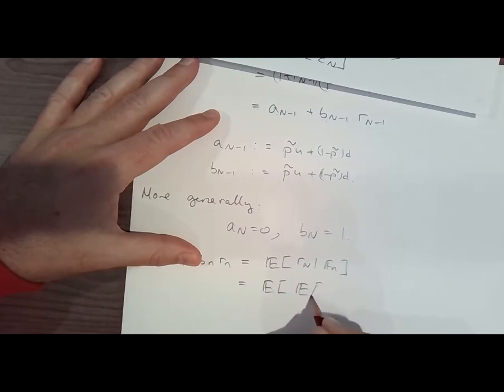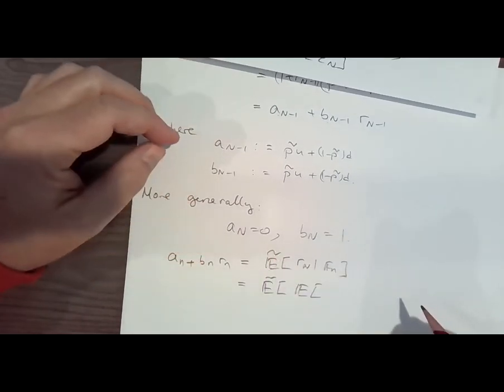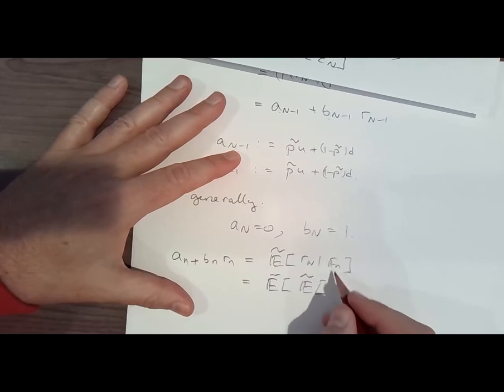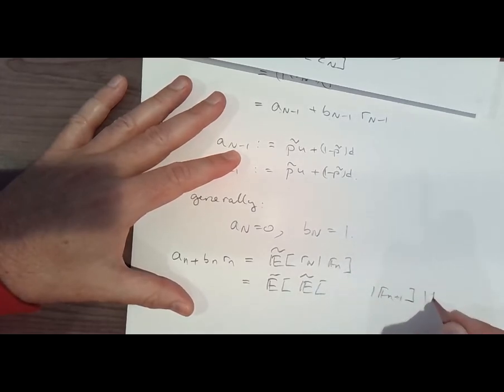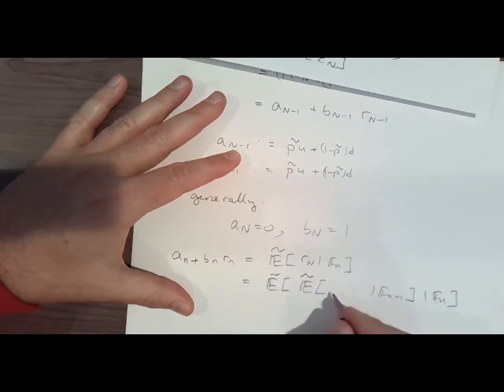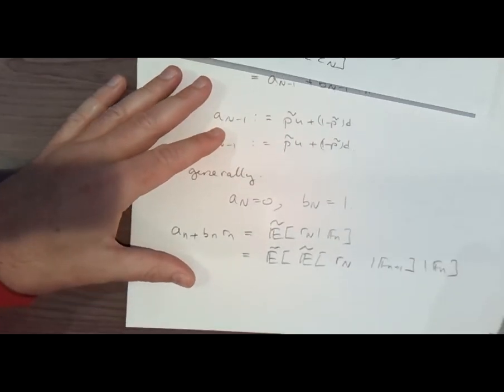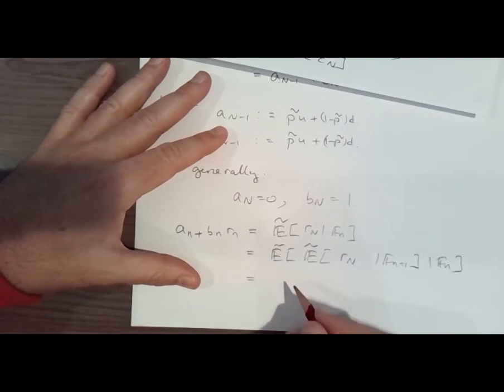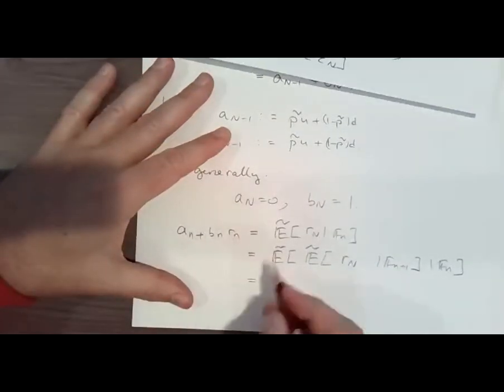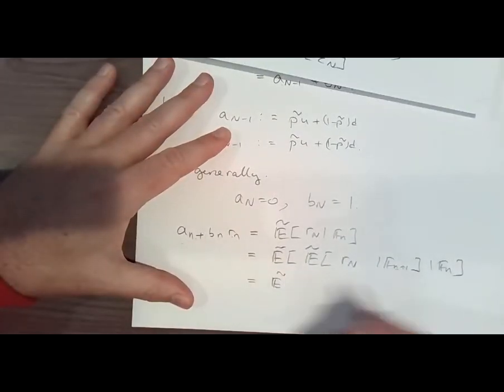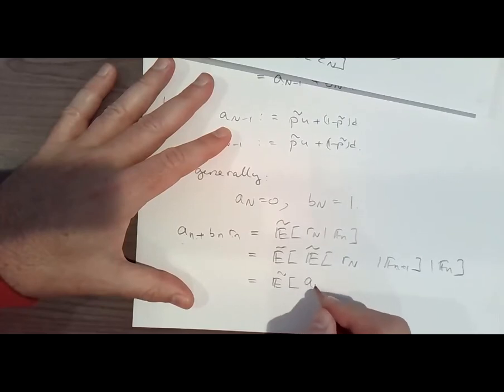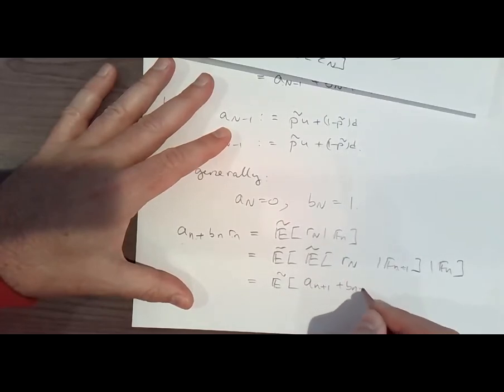We plug in a conditional expectation, and this is all under the tilde measure. So we plug in fn plus 1 given fn, and then I'll have rn in here. Now the inner one, we're pretending we have that property at time n plus 1. So here we will have an plus 1 plus bn plus 1 times rn plus 1.